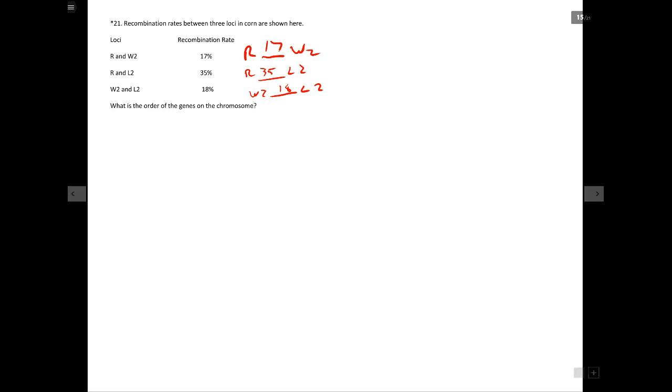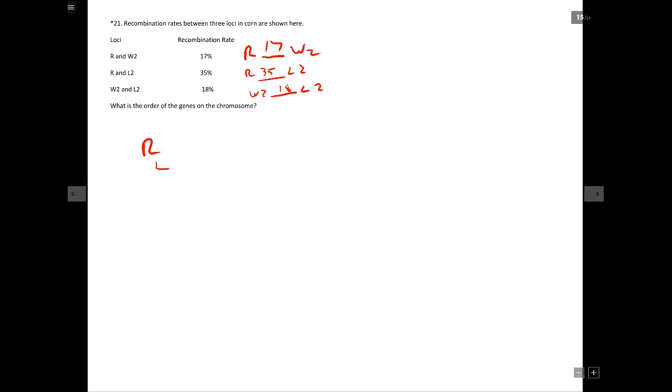So we need to put this together into a map. We know that R and W2 are 17 map units apart. Then R and L2 are 35 map units apart. I'm going to move this one over so we can have some room.